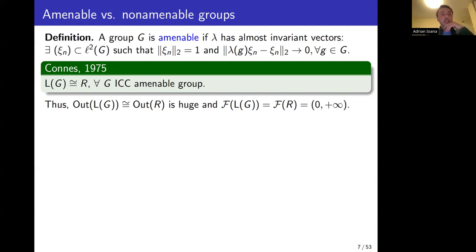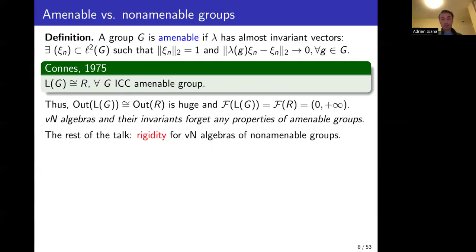This is a group that contains, for instance, all second countable locally compact groups. And also the fundamental group of L(G) is the same as the fundamental group of R and is as large as possible. So it is the whole multiplicative group of positive reals. So that's what Connes proved.